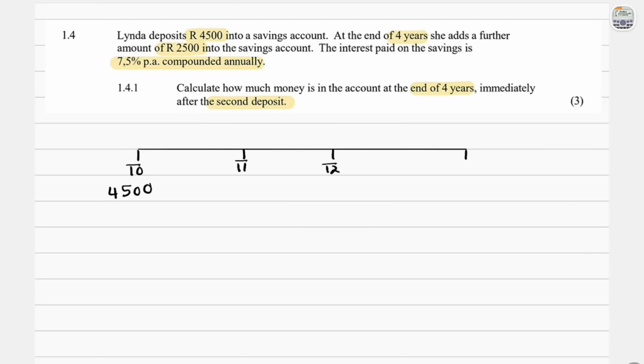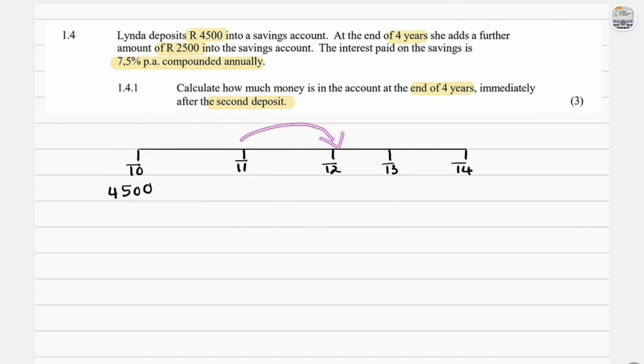And then we have T2, it's going to gain interest worth of 2 years, and then 3 years, and then this is the 4th year. So what they're saying is at the end of 4 years, okay, she adds a further amount of 2,500. So looking at it like this is where the money goes in. This would be the end of 1 year. 1 year has passed now.